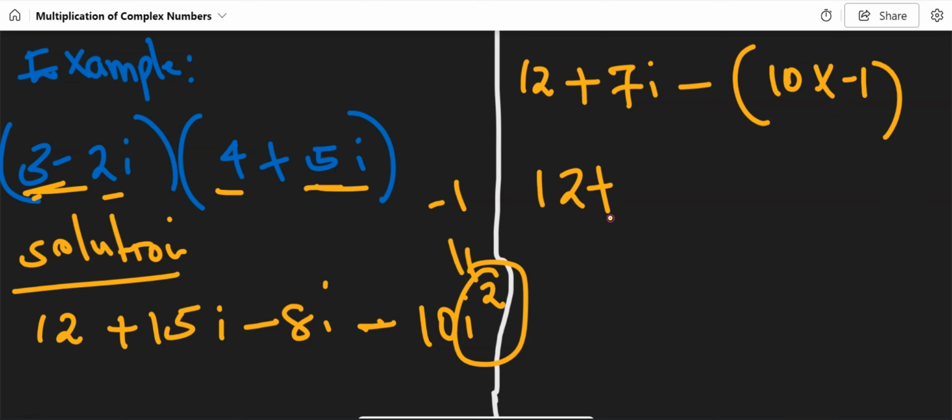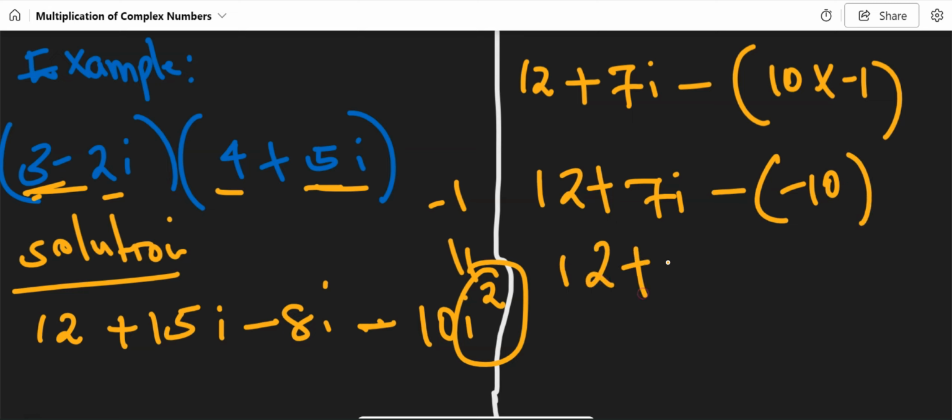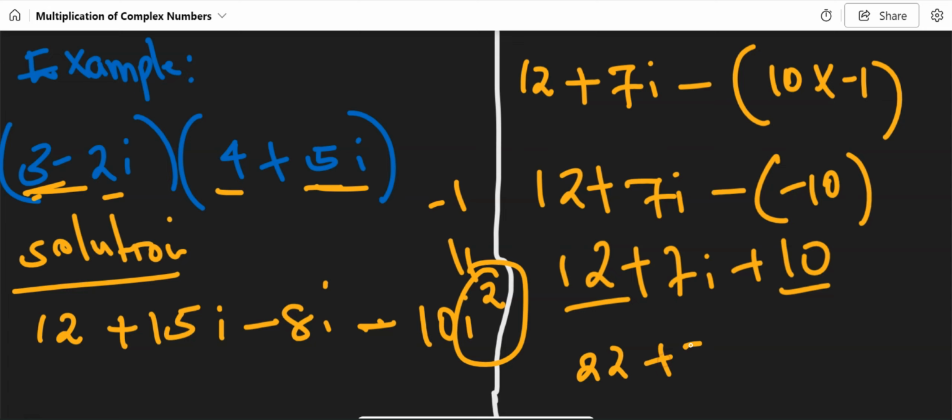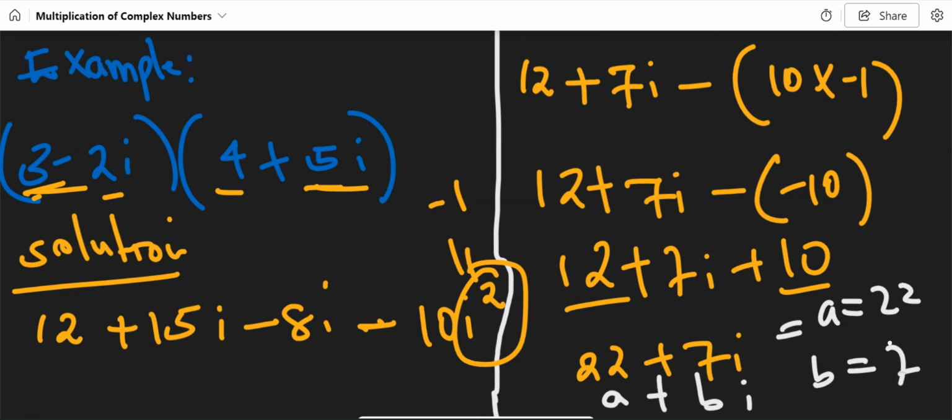This is 12 plus 7i plus 10. Then we collect like terms. 12 plus 10, that is 22, plus 7i. Always ensure that your answer is in the form of a plus bi. So if you're told to give the values of a and b, a is 22, b is 7. So you've solved that part. That is how you do multiplication.